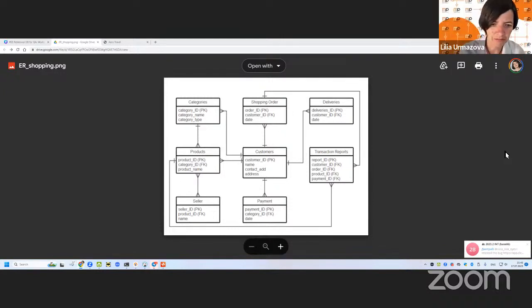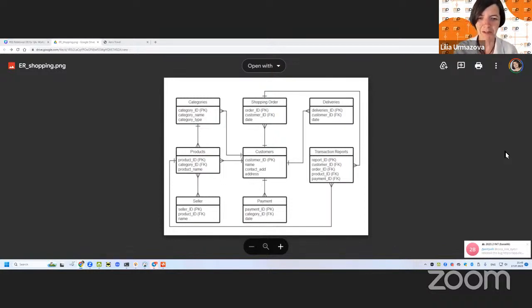But anyway, we don't have a foreign key here. We don't have a customer ID in the categories table, and we don't have a category ID in the customers table.